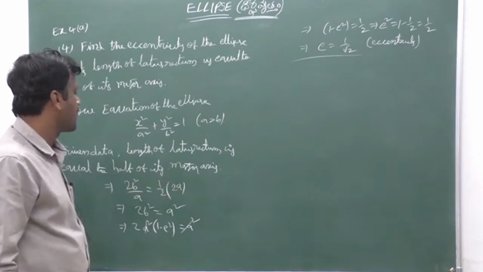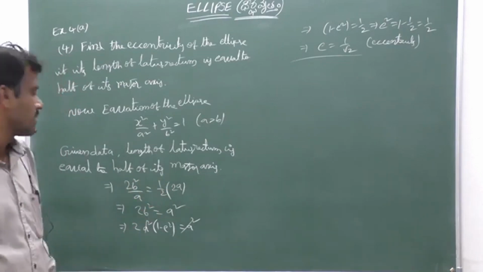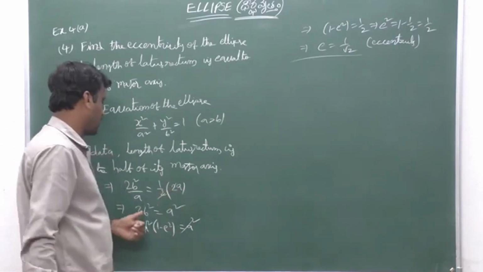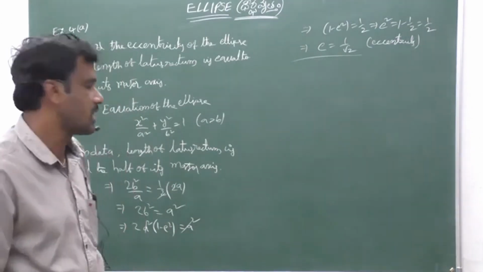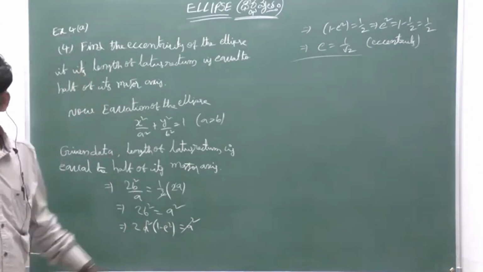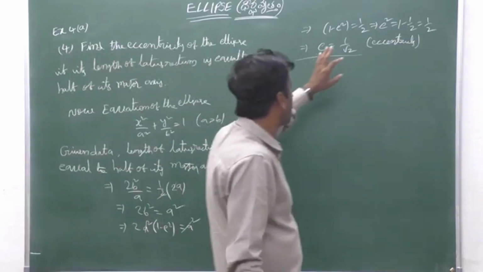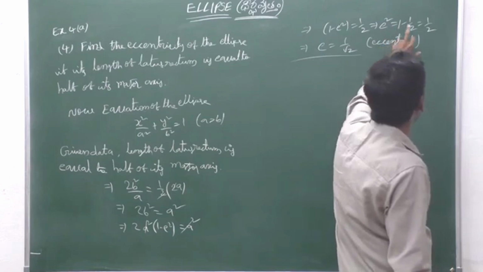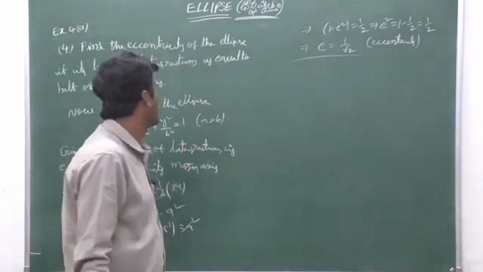Next, half of its major axis, half into 2a. 2 cancelled, 2b square equal to a square. We know that b square equal to a square into (1 minus e square). A square cancelled. 2 into (1 minus e square) equal to 1, so 1 minus e square equal to 1 by 2. E square equal to 1 minus 1 by 2, 1 by 2. E equal to 1 by root 2. That is the fourth one.